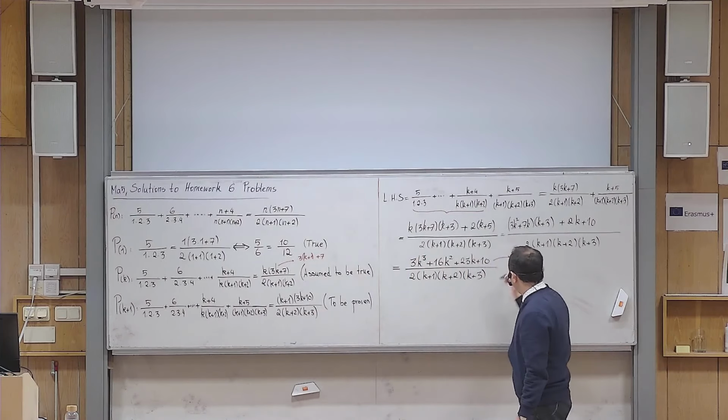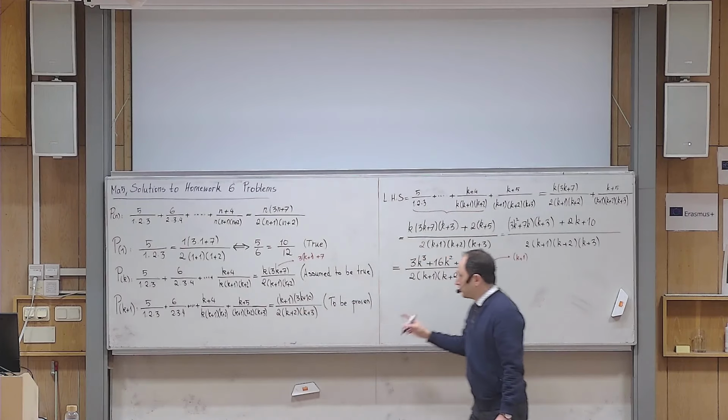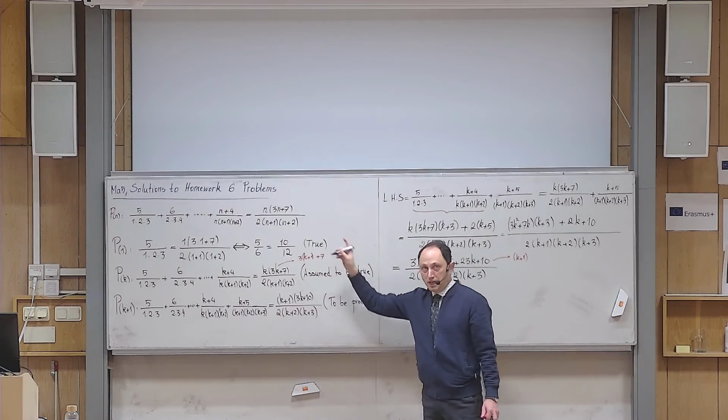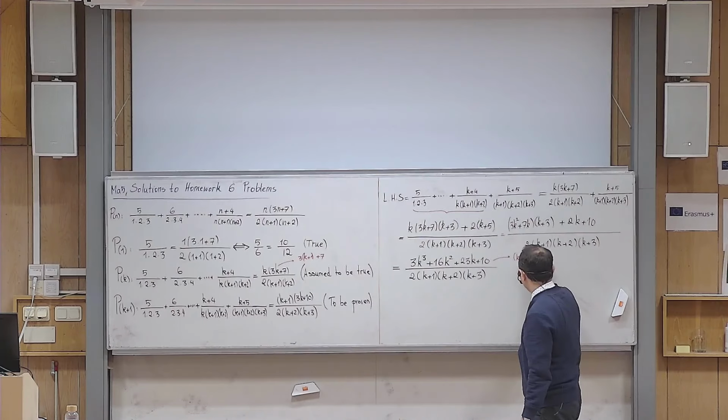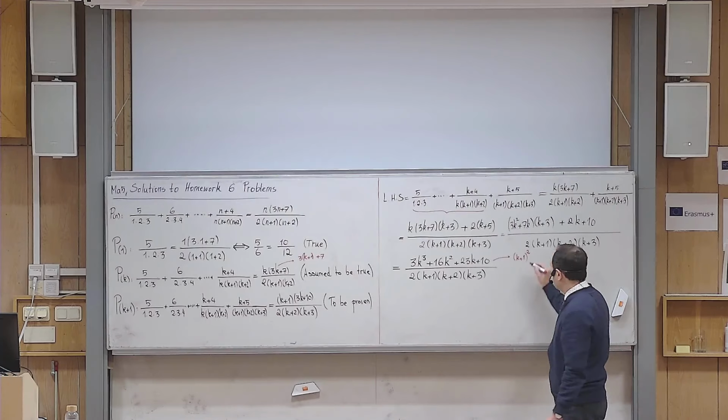But I also want the numerator to be this one. So I need another k plus 1, which remains in the numerator. So essentially I need 2 powers of k plus 1, and then I also need 3k plus 10. Okay, let me repeat.